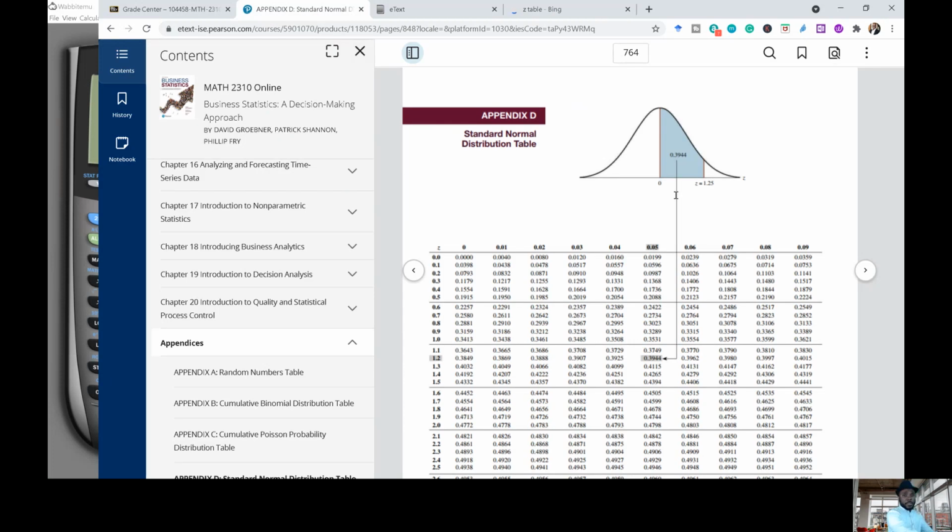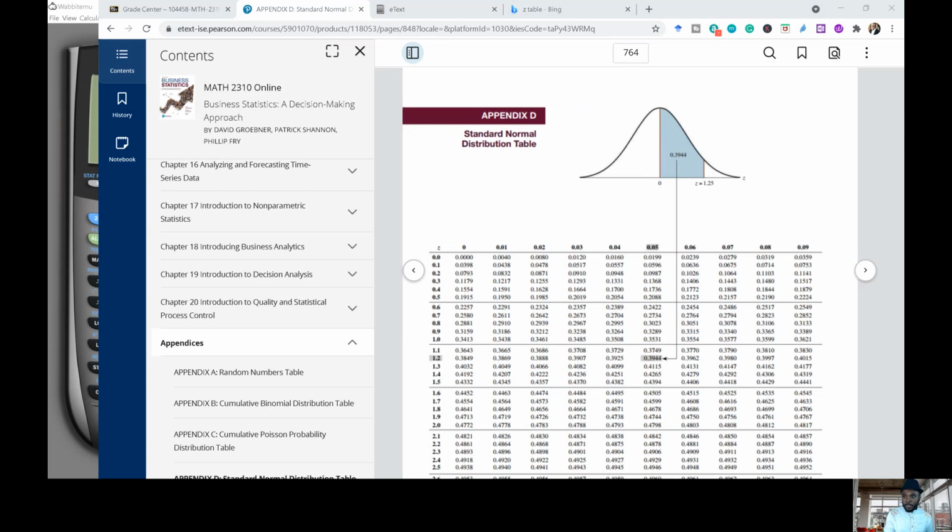This Z table, this standard normal distribution table that you find in the appendices of your textbook, only gives us the positive probabilities from 0 towards the right. They give an example here, assuming that Z is equal to 1.25, and I think in our problem, we have a case of 1.25 as well.